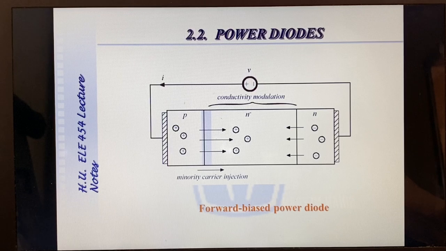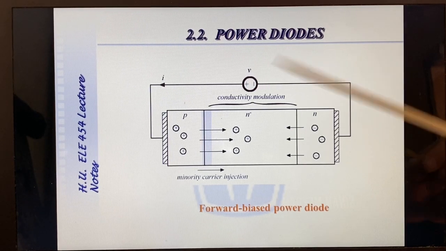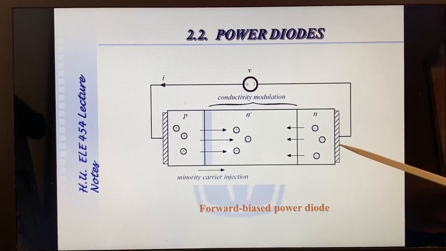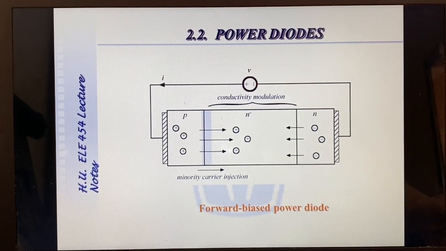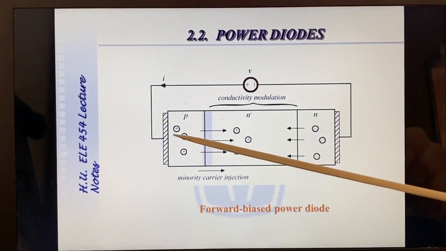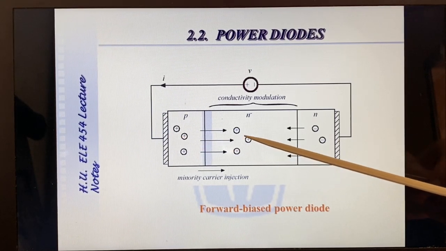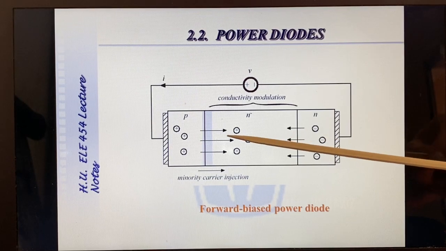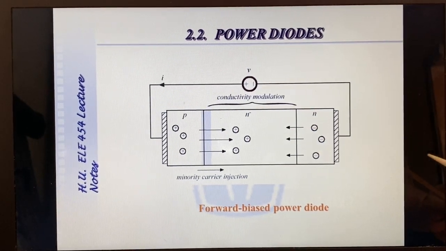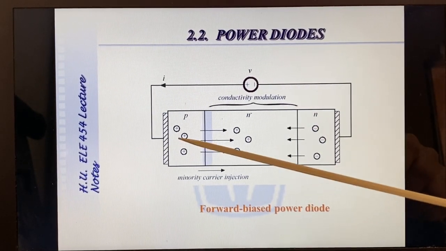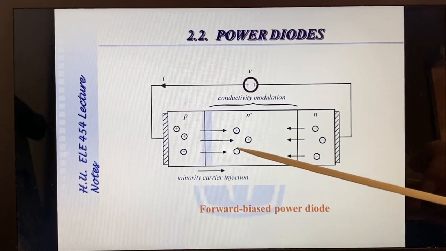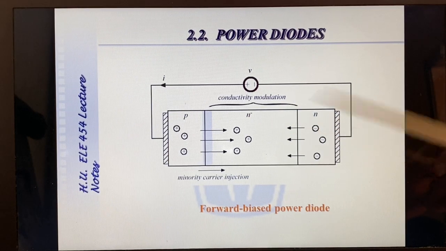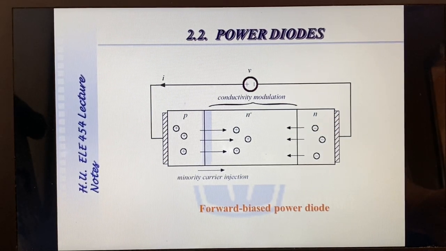What about the forward biased power diode? When a positive bias is applied to the P region and negative bias to the N region, holes are pushed towards the N region, whereas electrons are pushed towards the P region in the opposite direction. The holes in the N region form minority carriers.